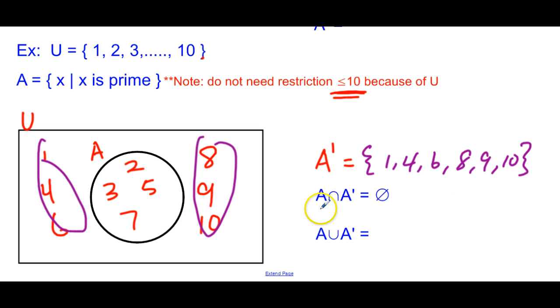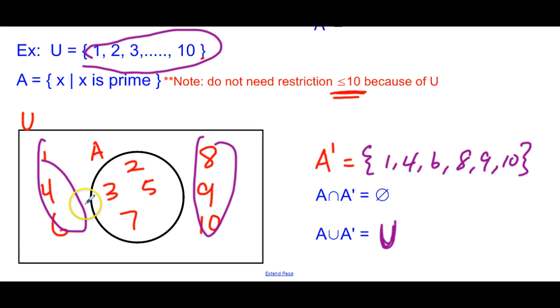A intersect A naught is the null set, because nothing intersects here. A union A naught means everything inside this rectangle, and that's going to be the universal set U. You can write down all the numbers, but if you just write U, that tells us we're looking at all the numbers in that set.